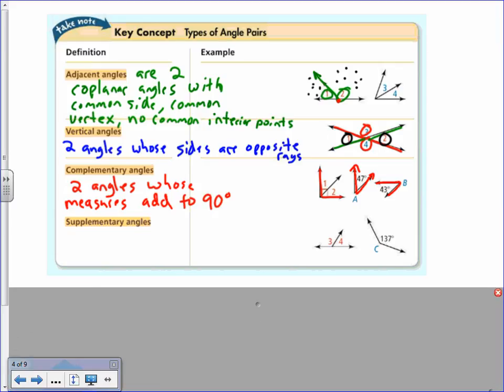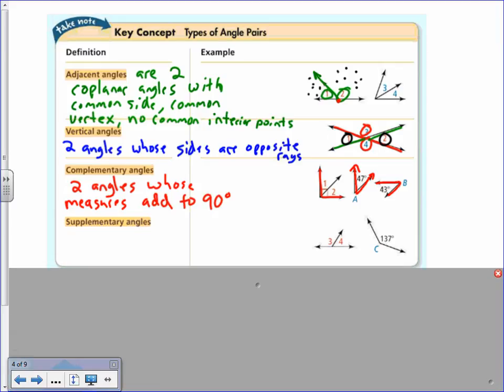And the last one you could probably guess are supplementary angles, and that would be two angles whose measures add up to 180 degrees. Two examples are over to the right. Sometimes they're adjacent angles.